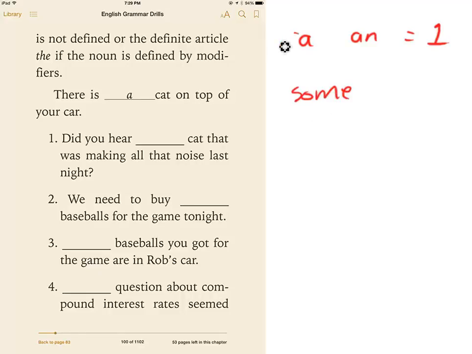So just understand that a and an always refers to one. If you have more than one of something, you have to use the article some. This is a plural of a or an. And then of course the can be used in the plural or the singular. The car, the cars. A car, some cars. That's pretty basic.